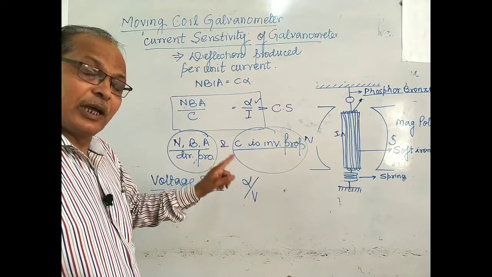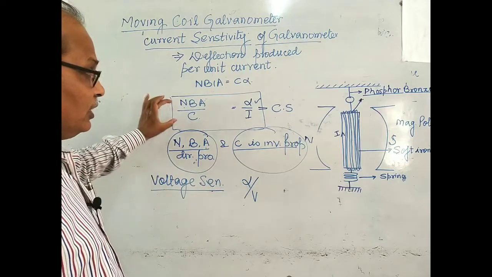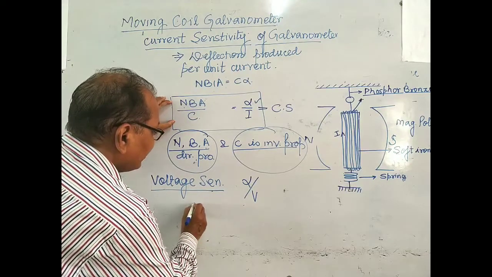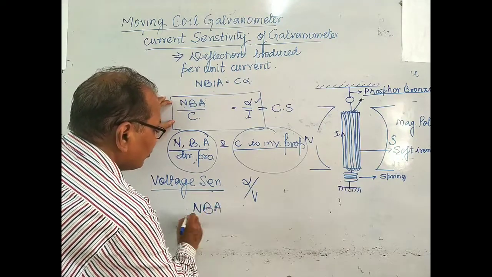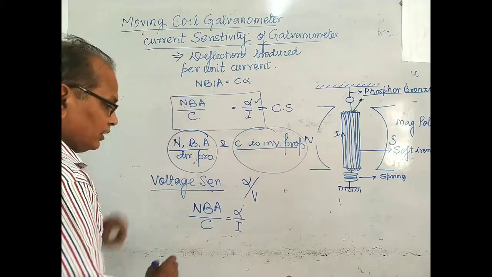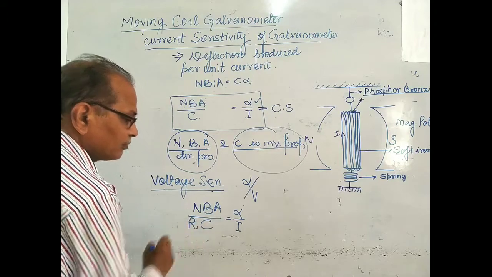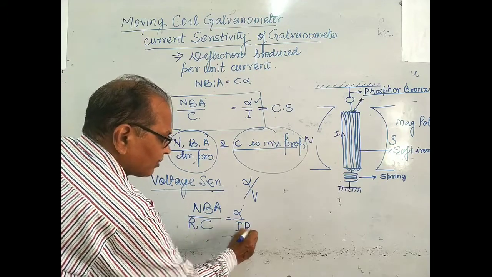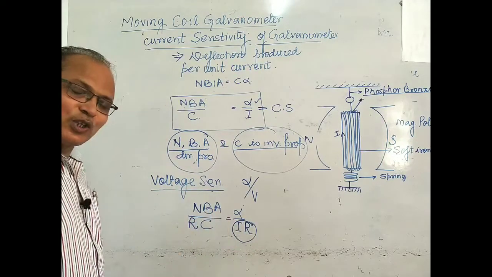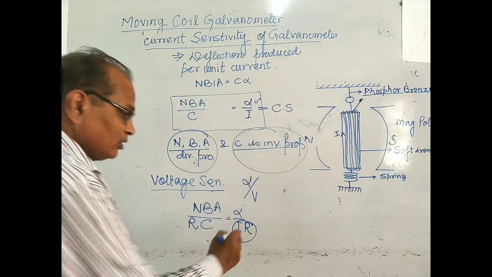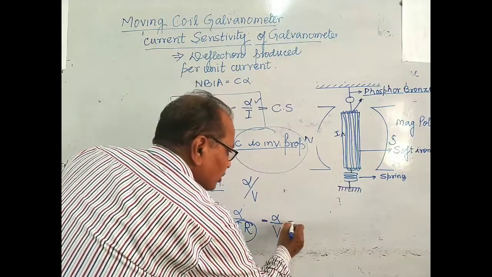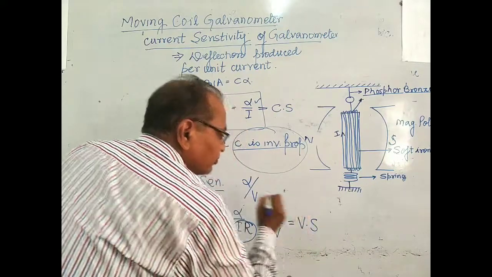Now see this expression again: NBA upon C is equal to alpha upon I. Here, if you multiply by R, this is, according to Ohm's law, V. Therefore, it can be written as alpha upon V. This is called voltage sensitivity.